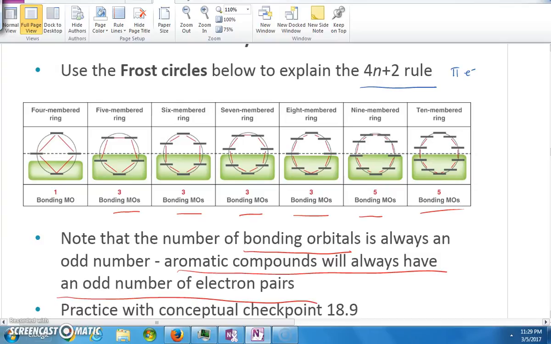As you can see, if we do these examples, this cyclobutadiene has 4 electrons. You can see we have 2 unpaired, so it's going to be anti-aromatic.